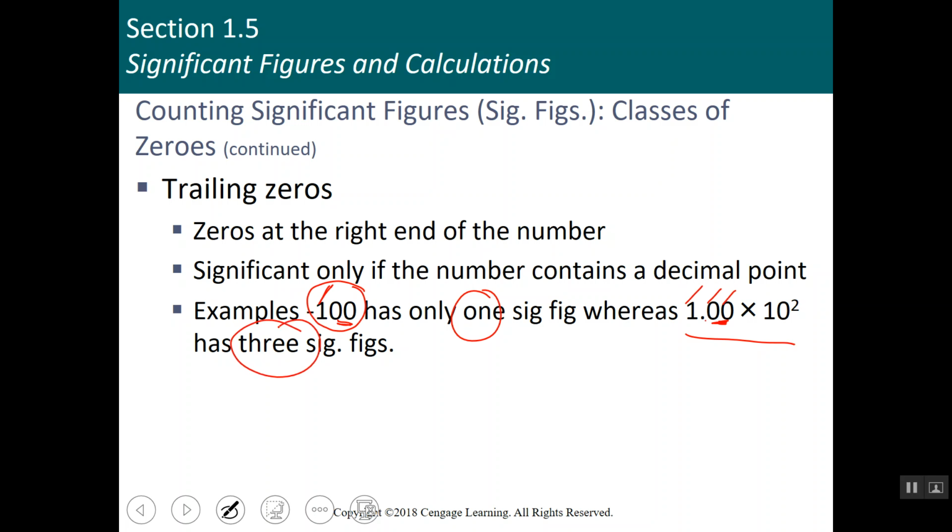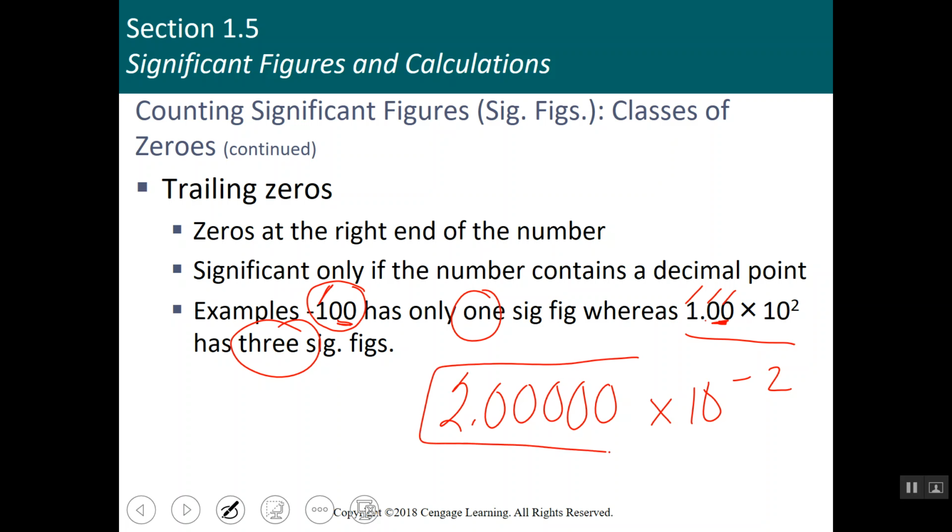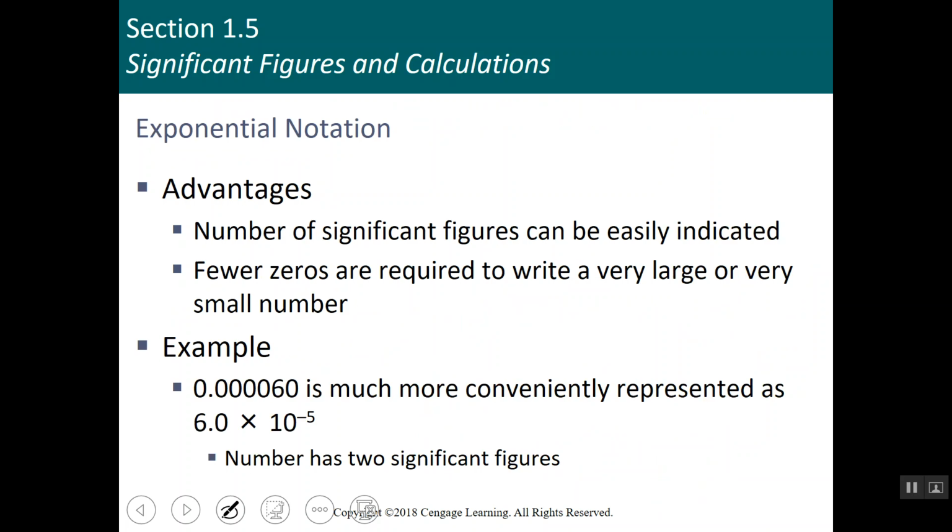What's nice about scientific notation is that anything in front of the x counts. So if you have a number like 2.00000 times 10 to the negative 2, then because it's written in scientific notation, everything in front of the x counts. So that has a total of 1, 2, 3, 4, 5, 6 significant figures.